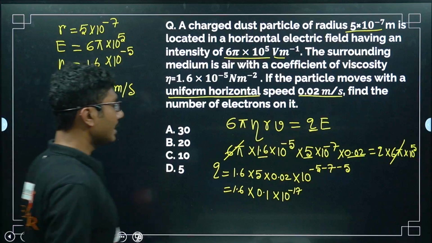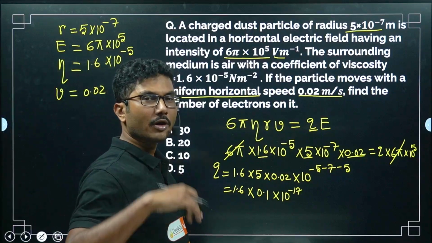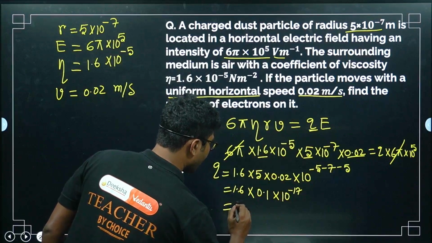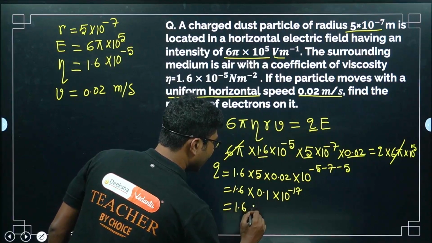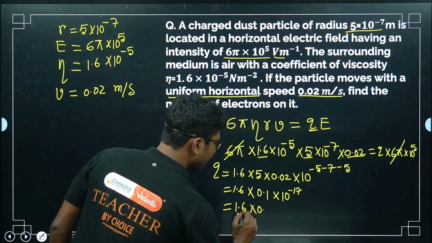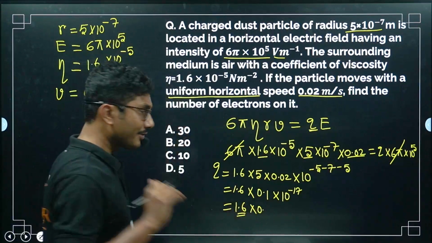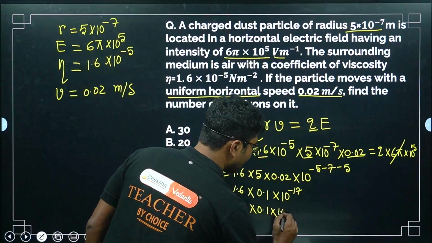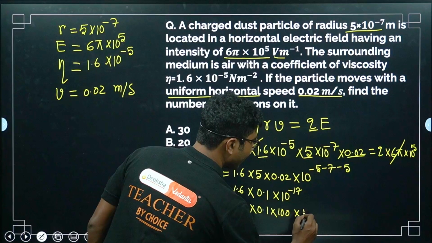Okay. Now we know that the charge of an electron is 10 to the power of minus 19, right? So how can we write it in terms of 10 to the power of minus 19? The only thing we will do, we will not disturb this term, because this is also involved with the charge, right? So we will be smart, and we will multiply by 100 and divide by 100.